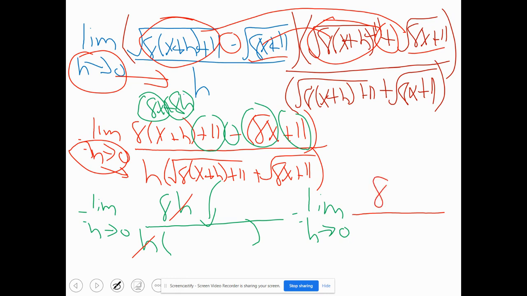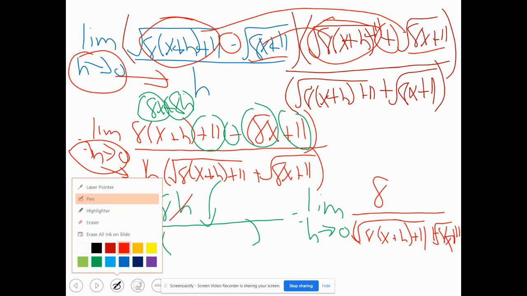And in the bottom, I just have my conjugate, right? Which was the square root of 8 times x plus h plus 11 plus the square root of 8x plus 11. And I know you're not going to be able to read that. But now I can plug in h equals 0. All right, so I'm going to erase this because I need the space again.